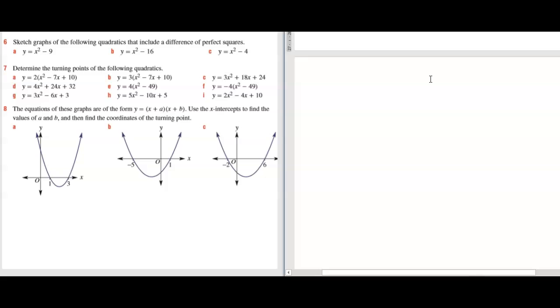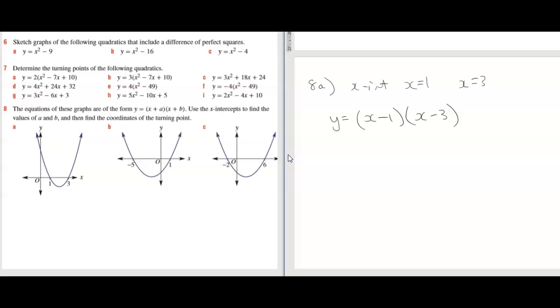Okay, so let's have a look at question 8a to begin with. So our x-intercepts are at x equals 1 and x equals 3. So when we are doing the equation of this, we're going to have it at x minus 1, x minus 3.